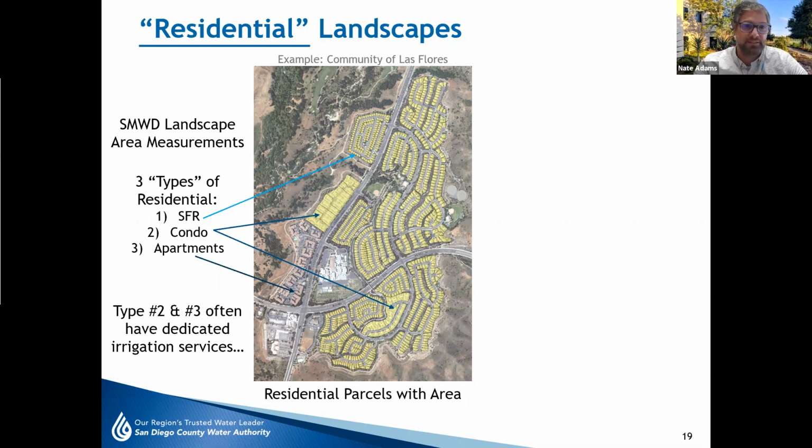The second flavor of residential development are what we can call condominiums or townhomes, where you still have one individual owner or tenant, but it's 1 meter that serves that condo or townhome.